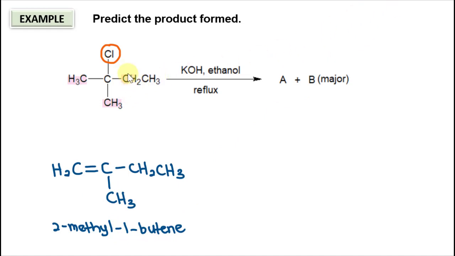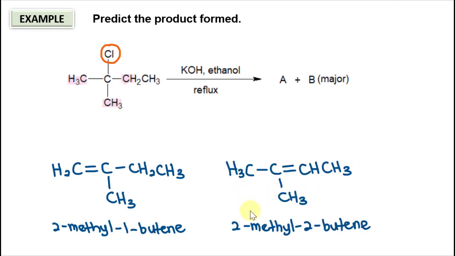But if we remove the hydrogen from this carbon, since this carbon is not symmetrical to these two carbons, we will get the second product, which is 2-methyl-2-butene.